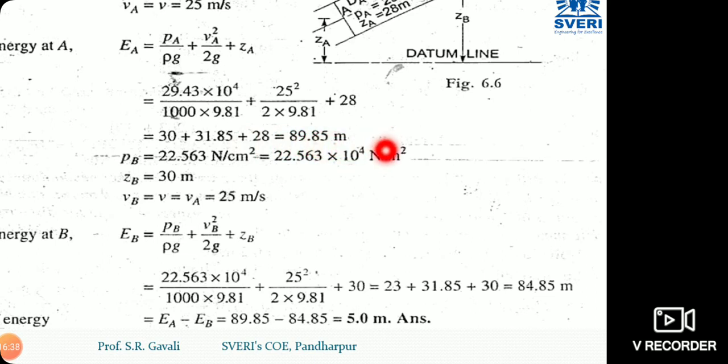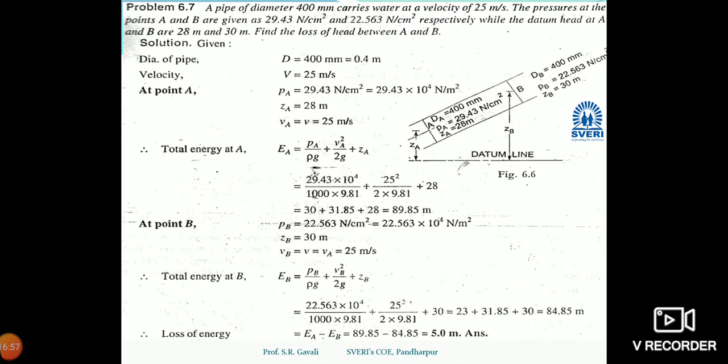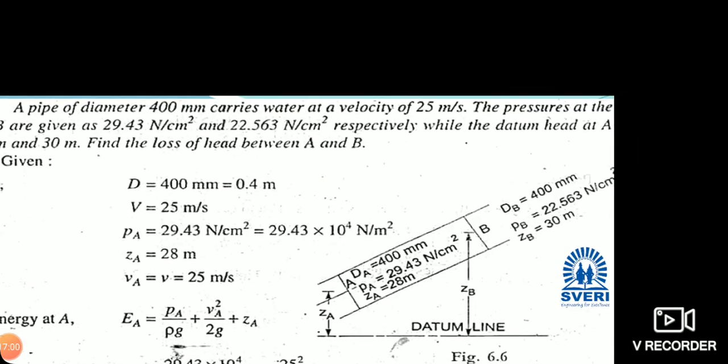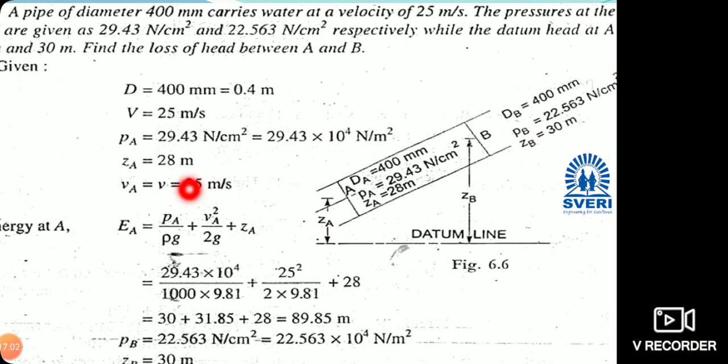89.85 meter. Likewise, we can calculate the total energy at B, and the energy at B is equal to PB upon rho g plus VB square upon 2g plus ZB. In this case the pipe is uniform, therefore the velocity is going to be the same at both points because the pipe is of uniform diameter. Therefore we have considered VA equal to VB, a uniform velocity.